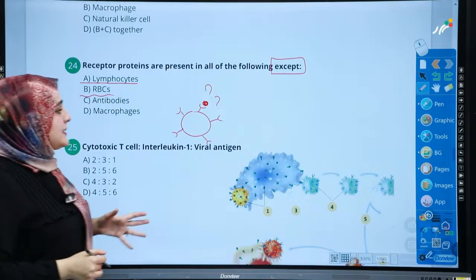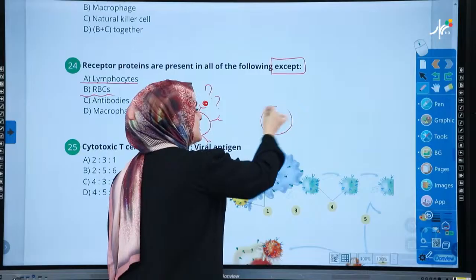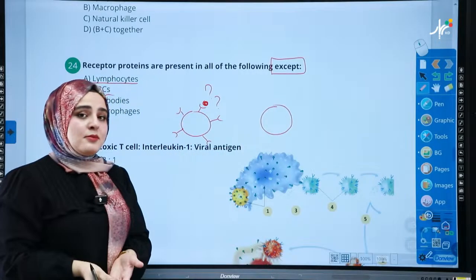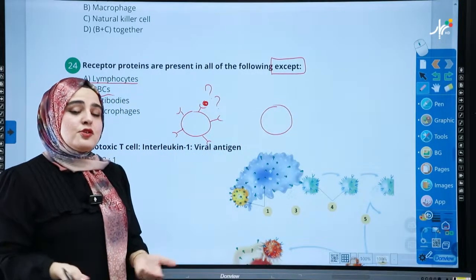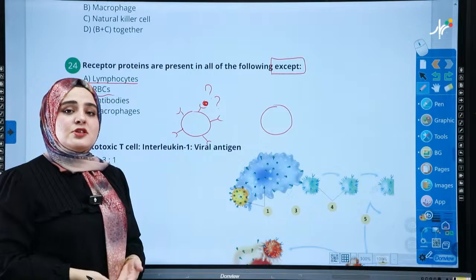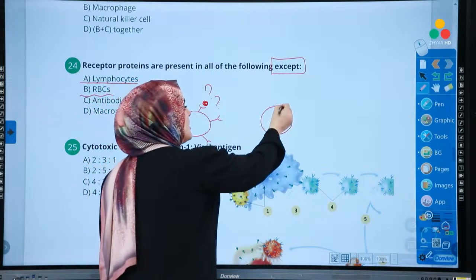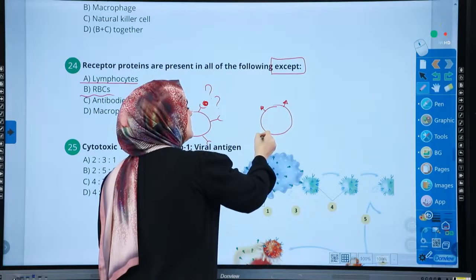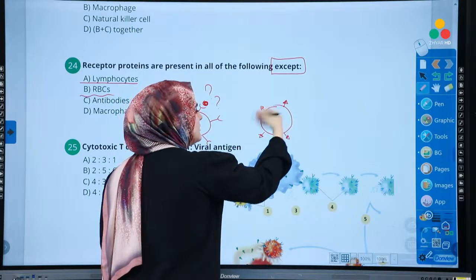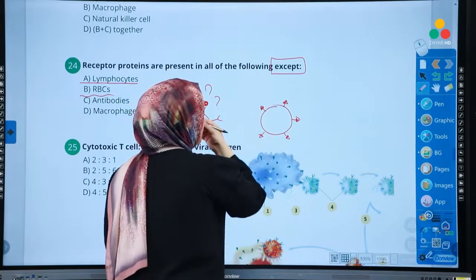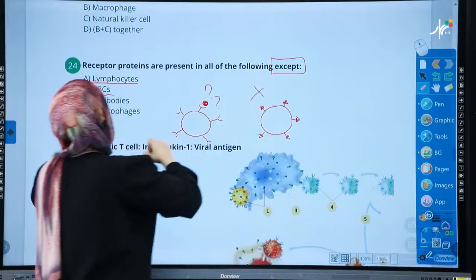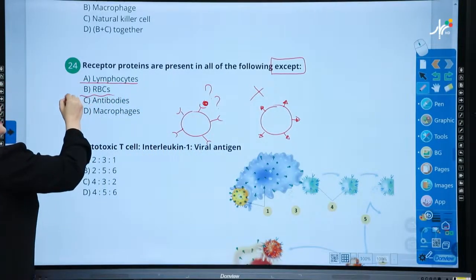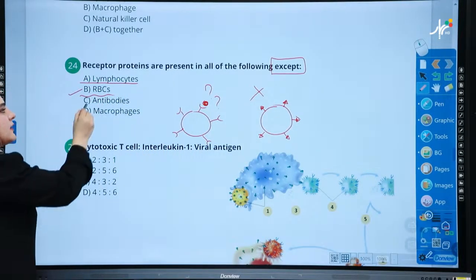No. RBCs, unlike the rest of the cells that participate in the immune system, don't need to recognize the antigens. Instead, they have antigens themselves, but no antibody, no receptors for it. So no receptors in the RBCs. So RBC is the right answer, but let's check the others.